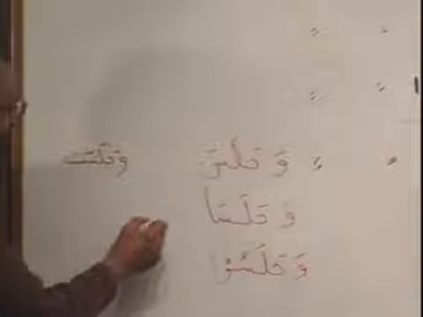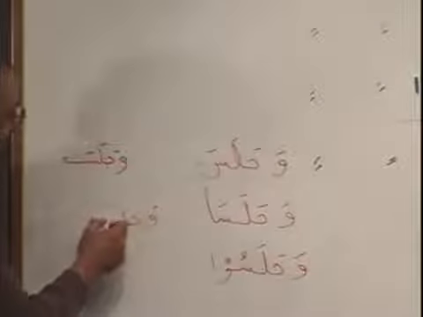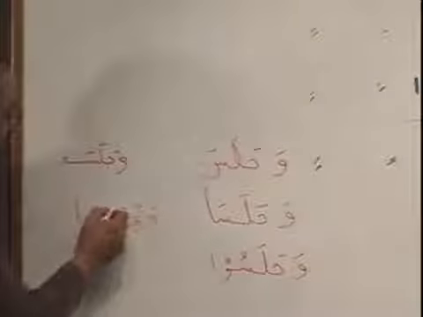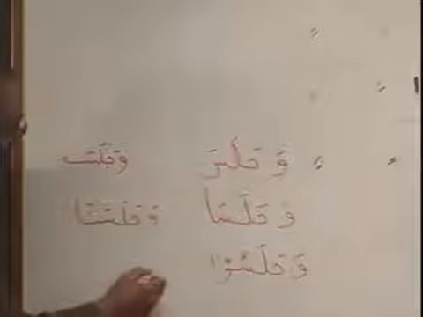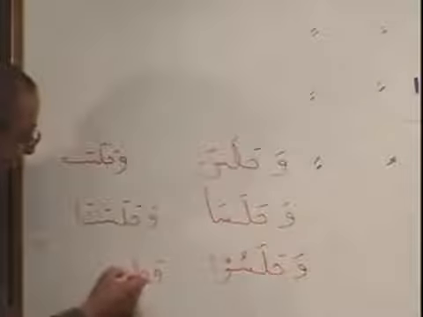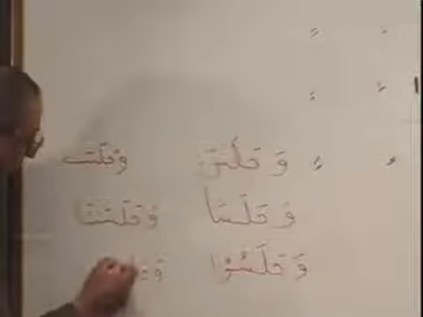What will I say? Wa jalasata. Are you with me, brothers and sisters? Now you say, zahabat at-talibatu wa jalasna. Wa jalasna. Is it clear, brothers and sisters?